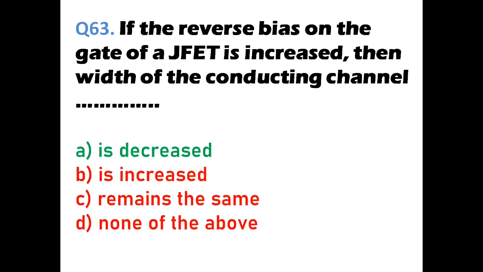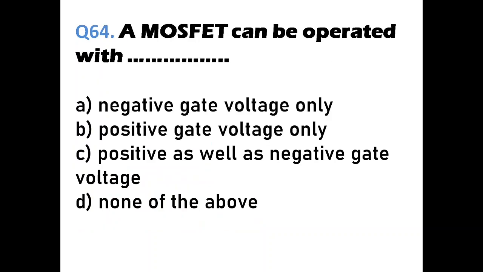That means option A will be your correct answer. The width of the conducting channel is decreased because the PN junction's depletion layer will increase. And once they increase, the flow of the majority charge carriers from source to drain will have very less path to go. So the channel will decrease. Then we'll go to question number 64.